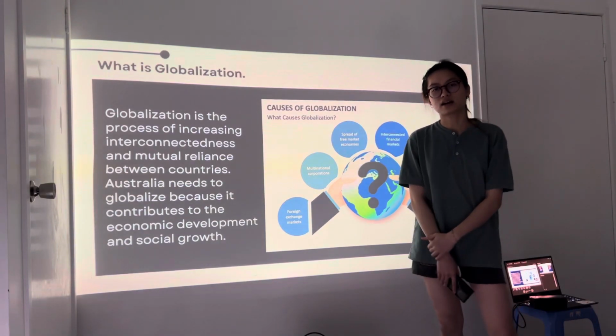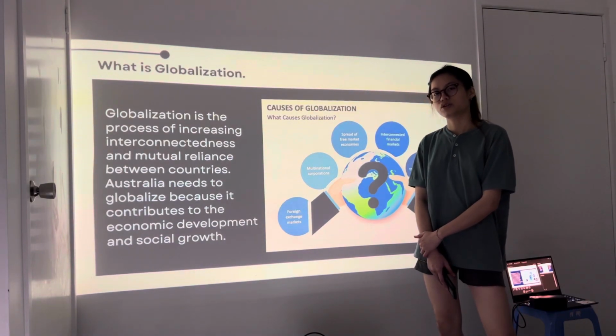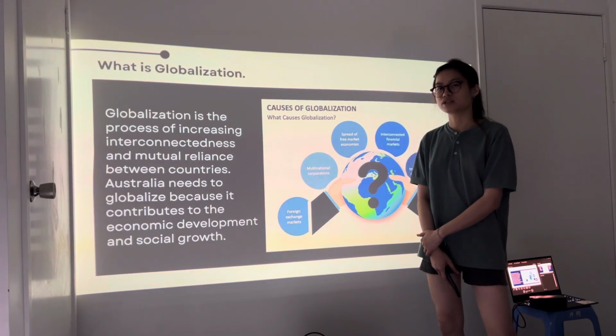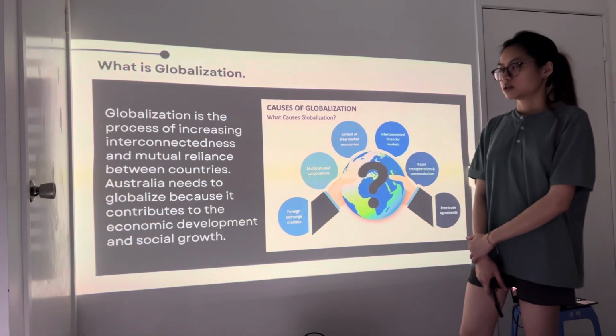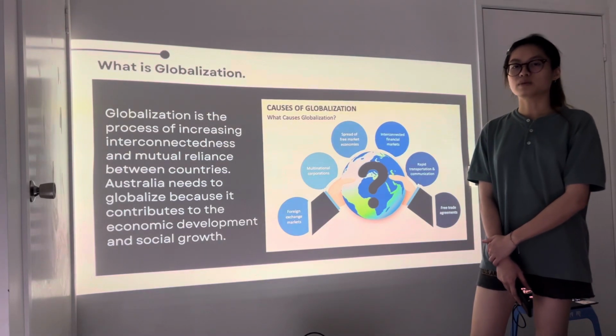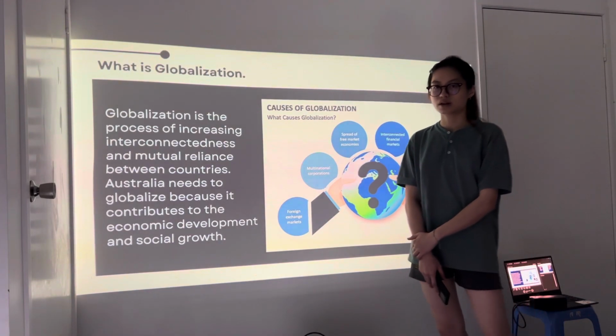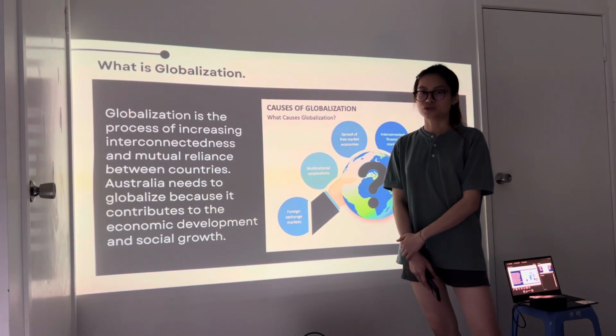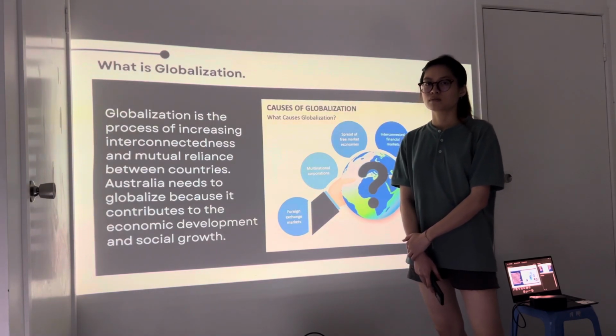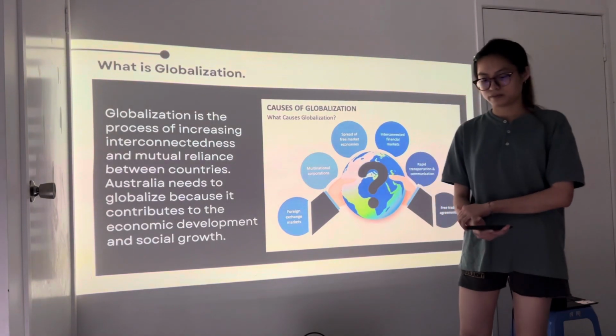Just like any other country, Australia needs to globalize because it not only develops the economy, but also strengthens relationships between Australia and other countries for security.